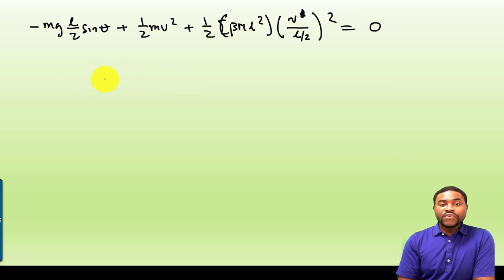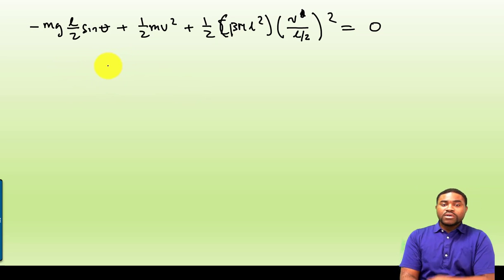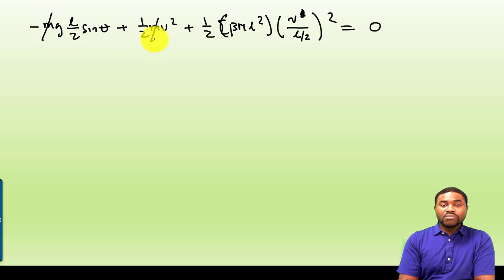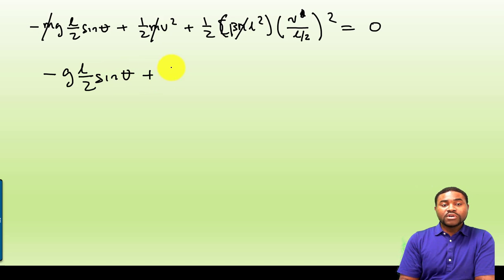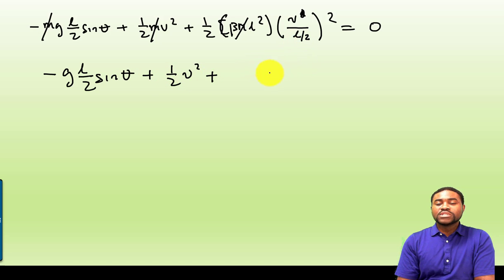So if we simplify, you will immediately see that the m's are common throughout. We could take care of that. So we are left with negative gL over 2 sine theta plus half v squared plus, this will be 4 over 2.